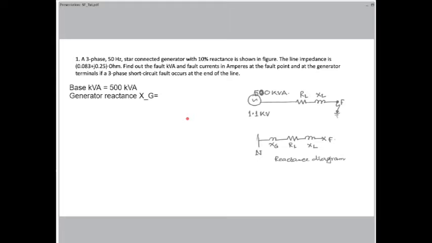The Xg is equal to what? Its reactance, which was 10% given in the problem, times the new kVA, which is 500. I'm writing it in brackets for now.